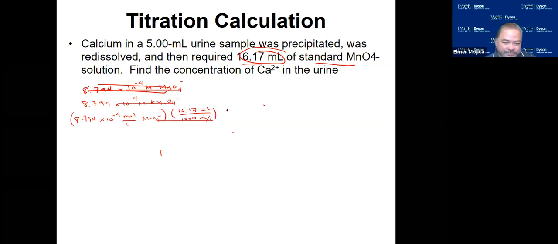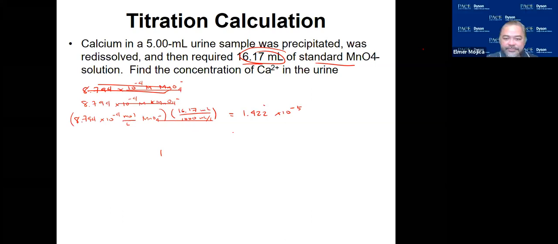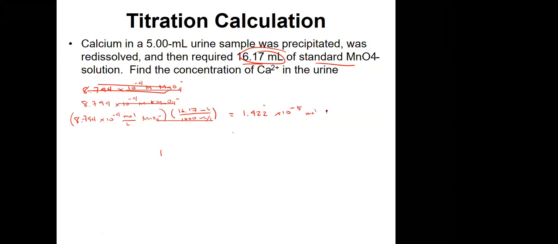So once you have here, what do you get? 1.422 times 10 to the negative 5. Okay. So this is equals to what? The moles of MnO4.